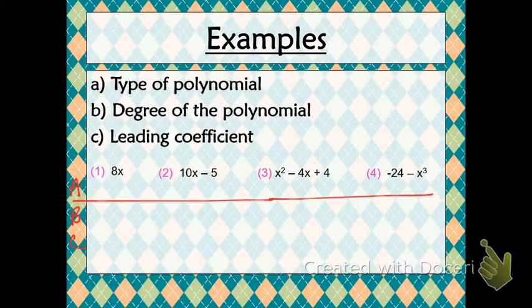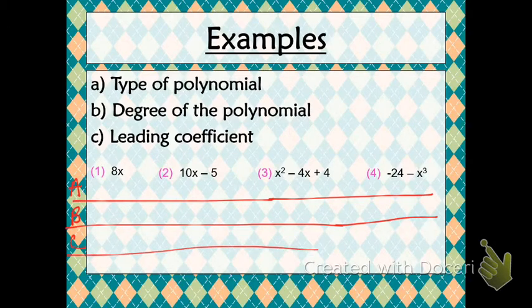Remember that the type is based on how many terms it has, so it's either monomial, binomial, trinomial, or above that we'd say just a polynomial with 4 terms, polynomial with 5 terms. And if we go through and look at the questions in front of us, we have 1 term for 8x. That makes this one a monomial.